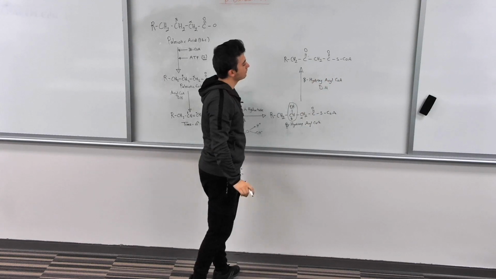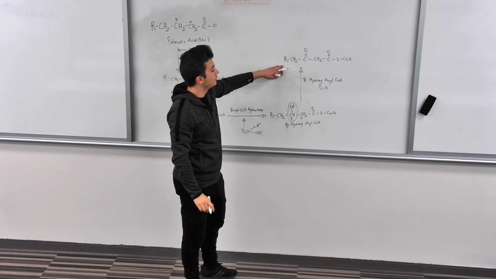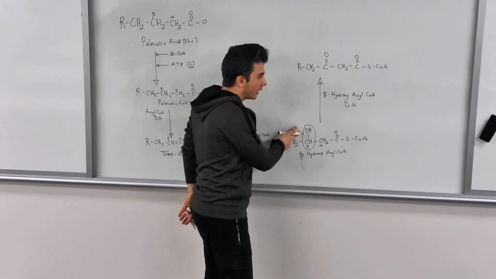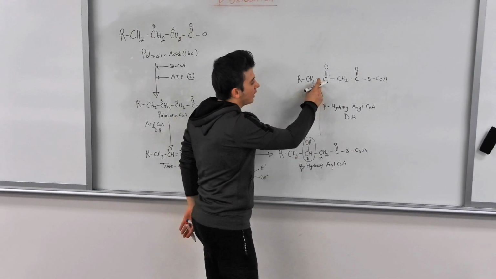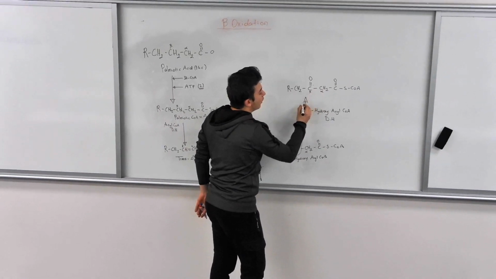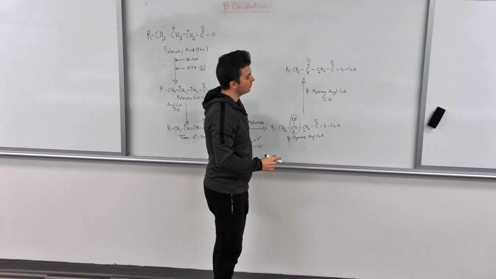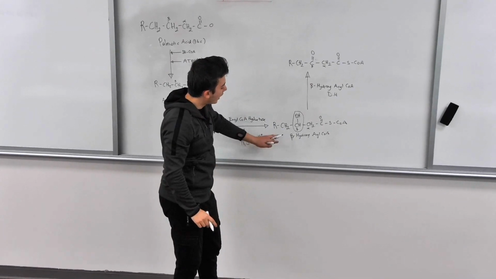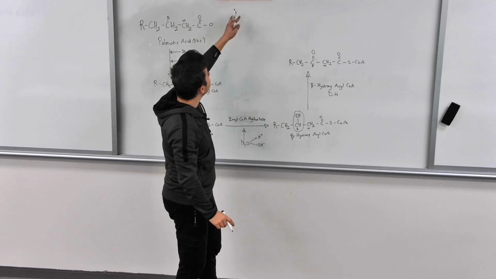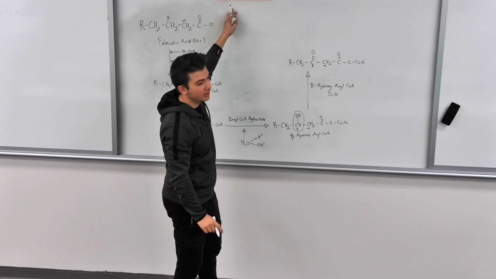Yeah, that is the new molecule that I generate, and there was a hydroxyl group, and now there is a ketone group, right? And which carbon? Of course, the beta carbon. Because what I did, I oxidized the beta carbon, and the name of this process is beta oxidation.